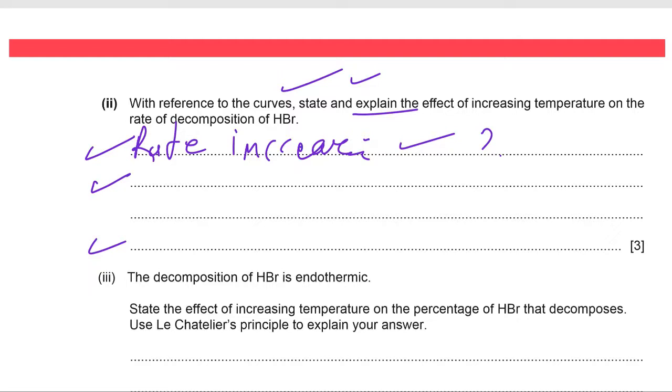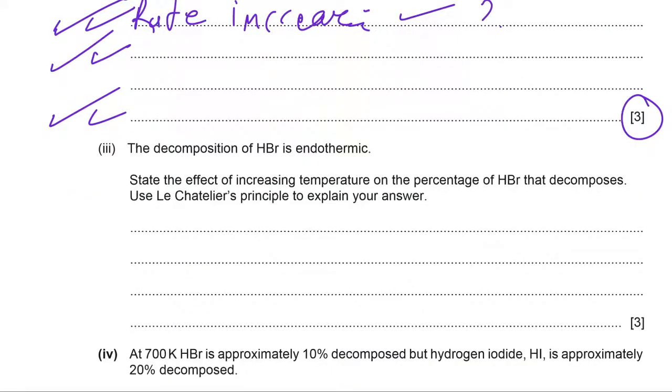So you need to talk about the rate, and you need to compare the curve after the activation energy between the low temperature and high temperature. What do we have below this area, which is after the activation energy? It represents the molecules which have energy, which have successful collisions. So you got 3 marks.